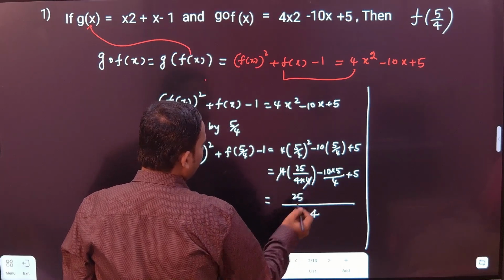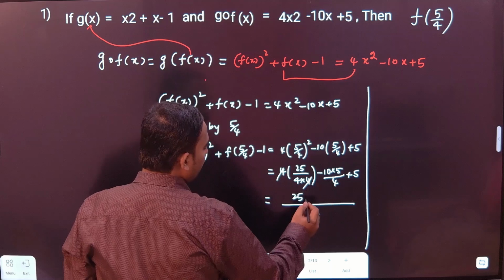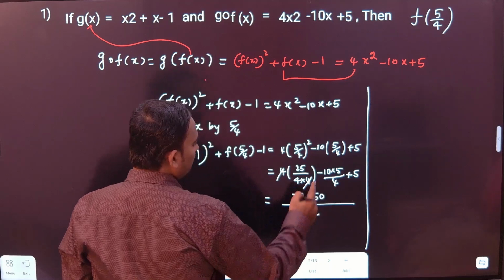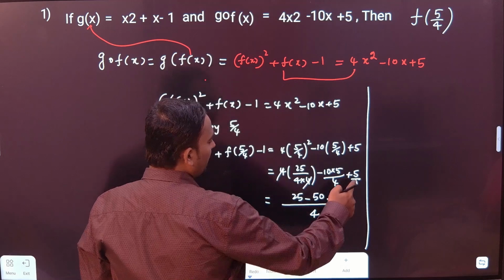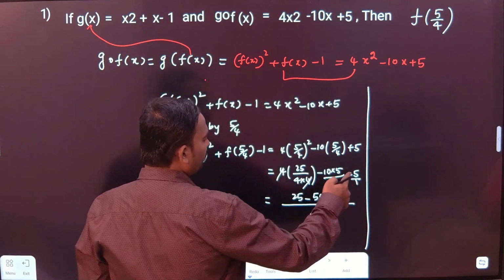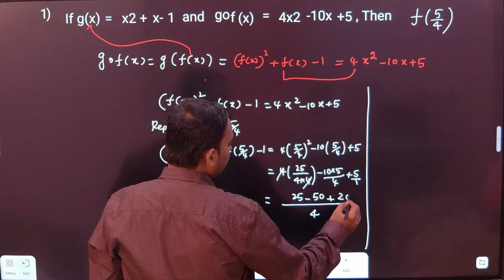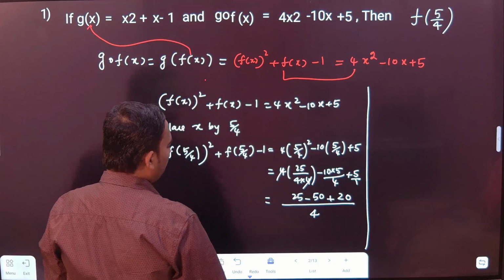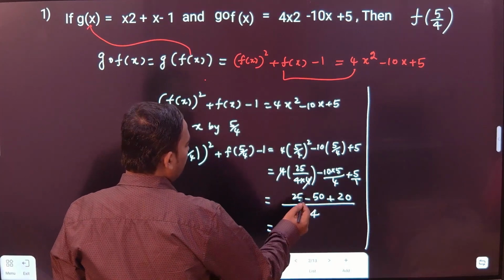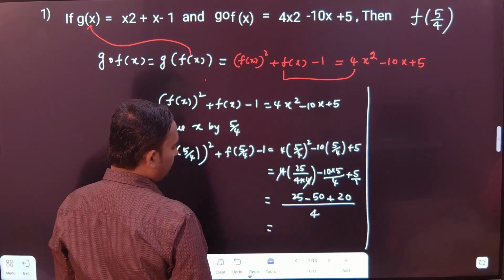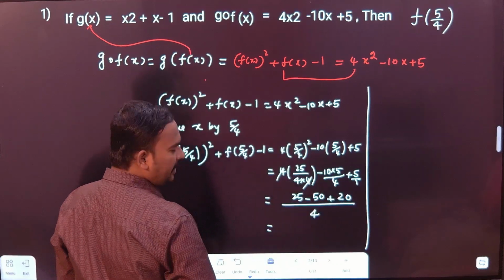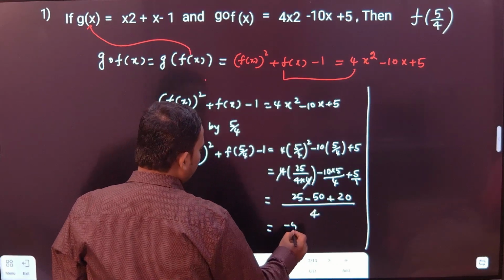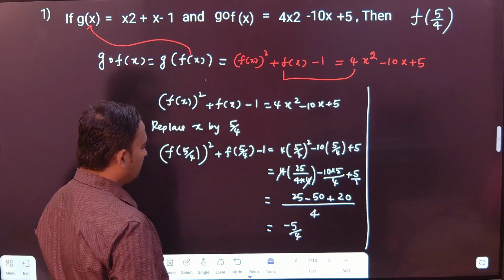So, 25, here already 4 is there, minus 50, 10 into 5. So, here the LCM is what? 4. You have to multiply by 4. 4 into 5 is what? 20. Okay, then 20 plus 25 is what? 45 minus 50, minus 5. Minus 5 by 4. Got it?